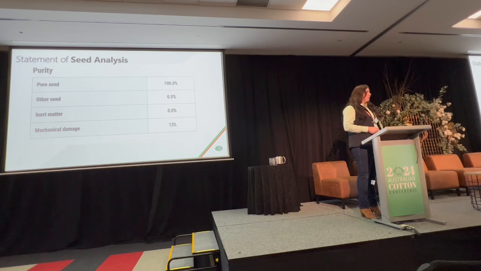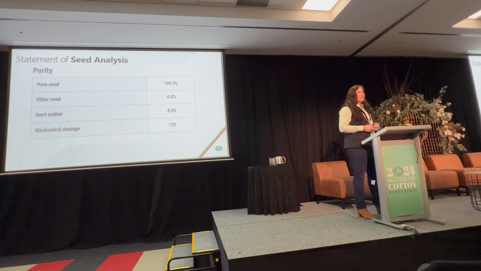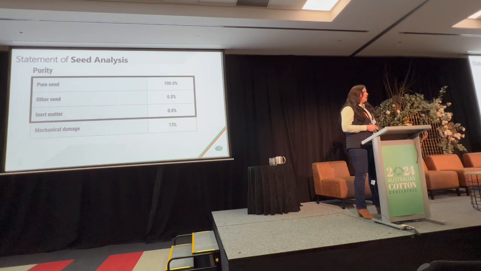Okay, so moving on to the purity. So in this case, purity refers to physical purity, so that's as opposed to varietal purity or transgenic purity, which are other aspects of seed quality. The physical purity incorporates the pure seed percentage. In this case, obviously that's cottonseed, the percentage of other seeds, and the percentage of inert material, which is seed coat fragments and other plant material.